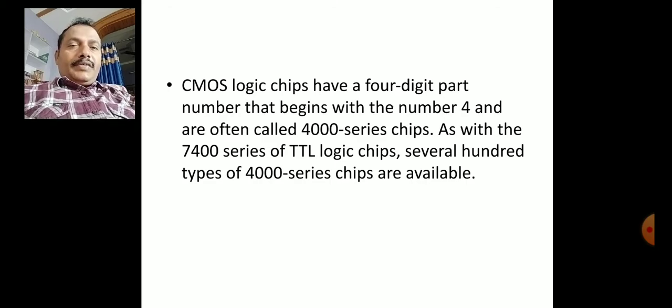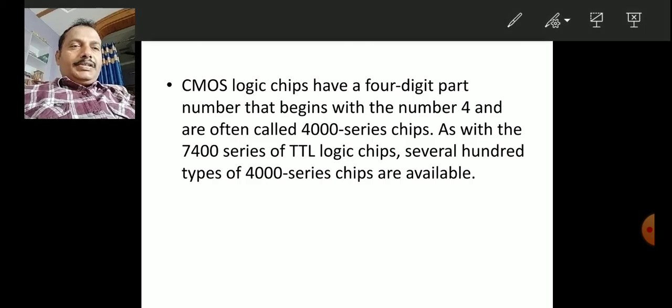As with the 7400 series of TTL logic chips, several hundred types of 4000 series chips are available. So an important point you have to remember is CMOS ICs are 4000 series ICs, and TTL ICs are 7400 ICs.